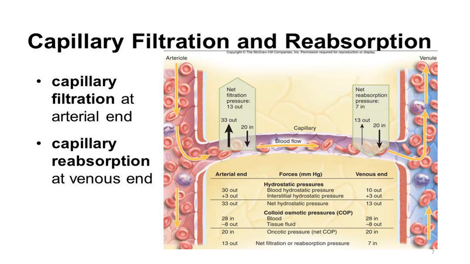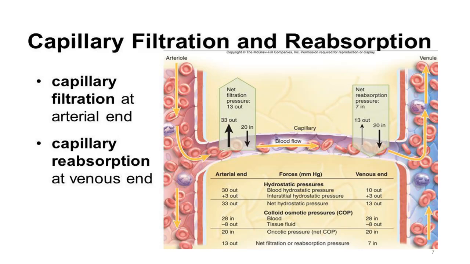In the arterial end, by a difference of 13 millimeter of mercury, 16 milliliter of blood tends to go into the interstitial fluid. Remember the digit. For a difference of 13 millimeter of mercury, 16 milliliter of blood tends to go to the interstitial fluid.